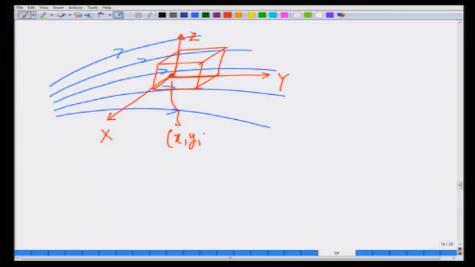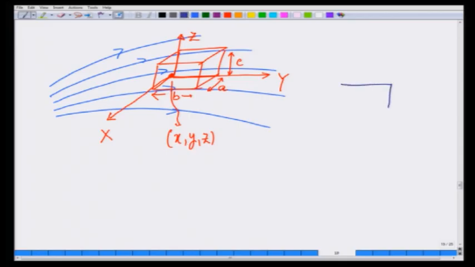x, y, z. Let the size of the box be a in the x direction, b in the y direction, and c in the z direction. Let me make this box separately once more.